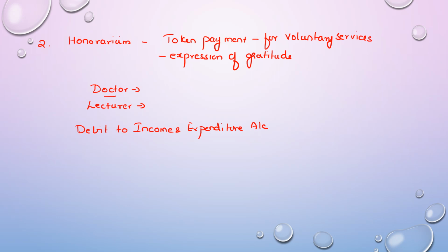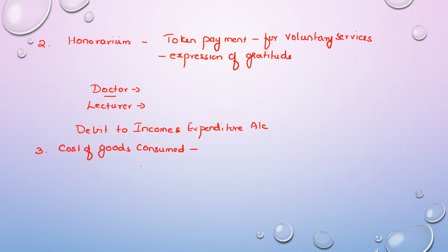Now moving further, the next type of item which I'll be discussing with you is the cost of goods which is consumed. This is very important because normally students find difficulty in ascertaining the cost of goods consumed. Now what do we mean by goods consumed?